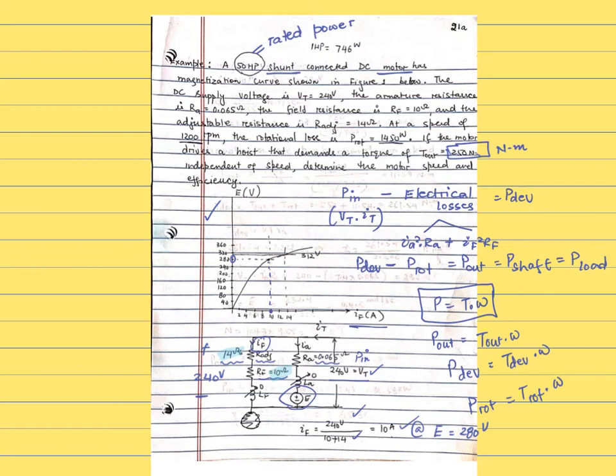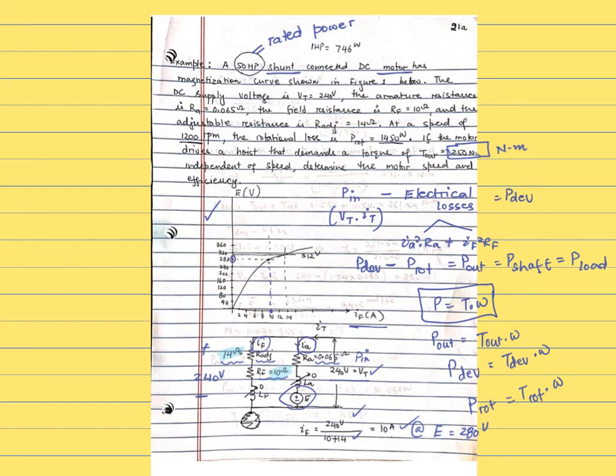The machine speed of 1200 RPM has rotational losses of 1450 watts. We are given the load torque, but we're going to go up to the developed torque equation first, in order to calculate the current drawn by the machine at this level, because we will be looking for the speed in the end.